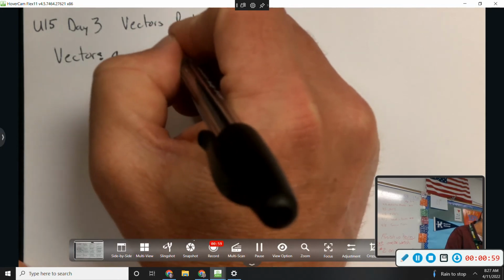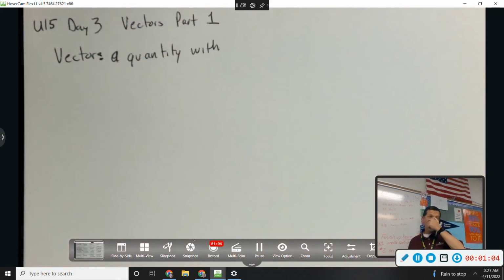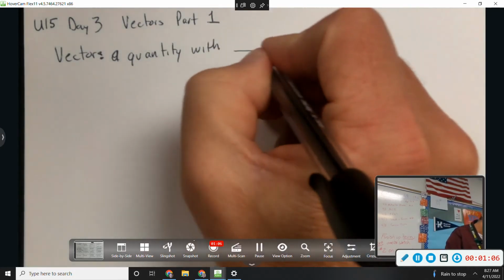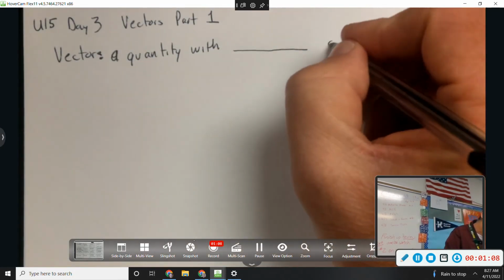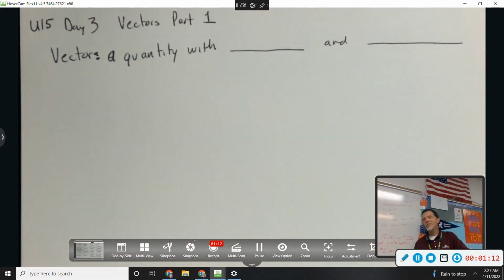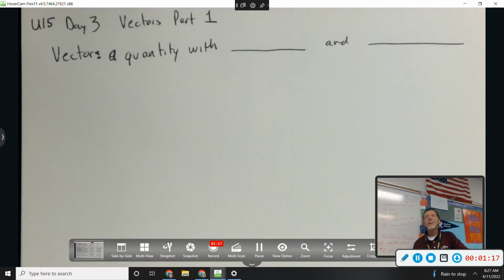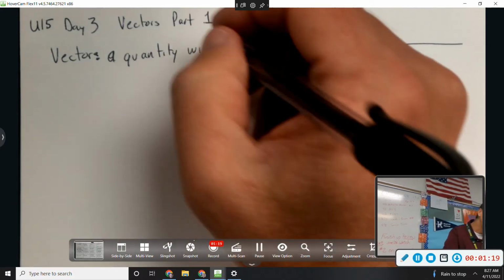A vector is a quantity with two words. You've seen Despicable Me. What are the two words that go with vector? Oh, yeah. Magnitude and direction.